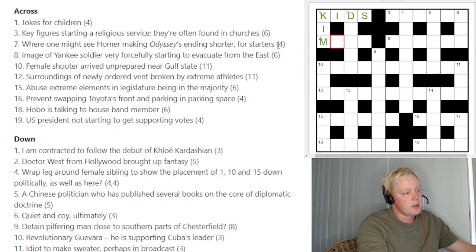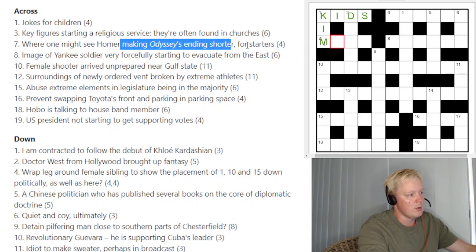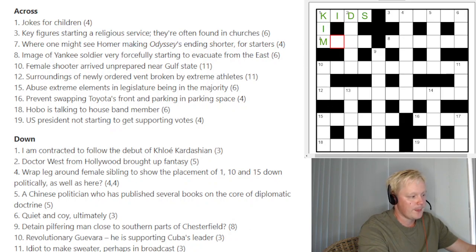Now for starters, it has the S here, so you probably want to take more than one starting letter. So this E and S. But if we take a lot of starting letters, these four words would give us four letters. So M, O, E, S would give us four letters. And that would fit here.